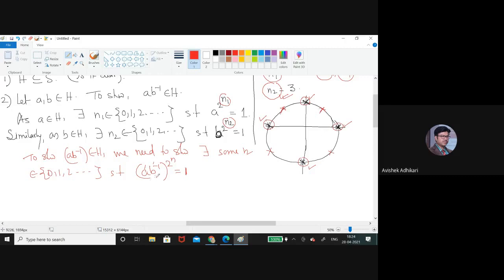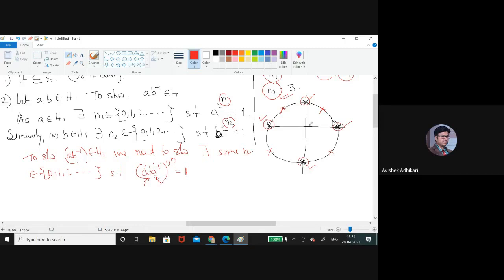So as we just mentioned, since n2 is bigger than n1, this whole inverse will also be an element because that is a subgroup, and that is the eighth root of unity for n2, for B, and that contains all the fourth roots of unity. Now when I consider A from the fourth roots of unity and B from the eighth roots of unity, that means A is already considered in the eighth roots of unity.